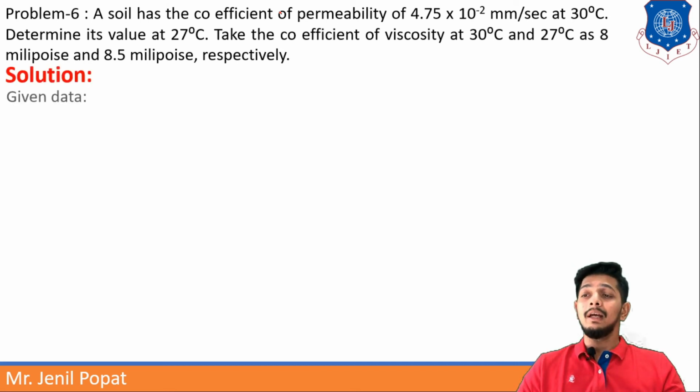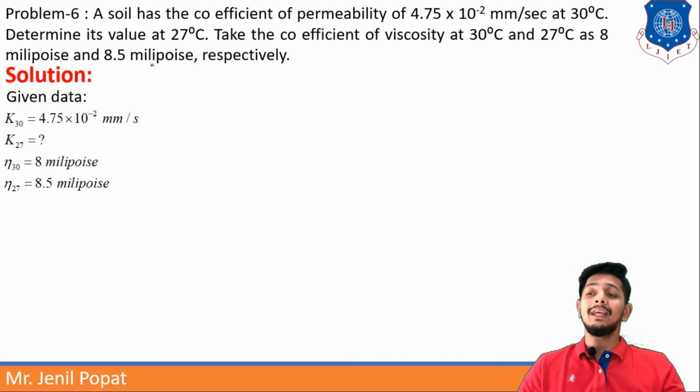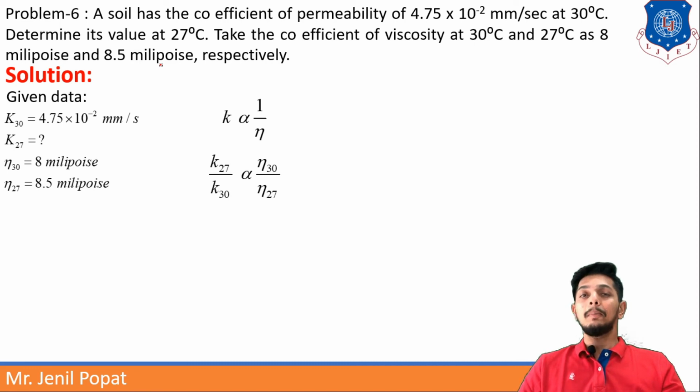Now let us see and write given data first. So K30 and K27. K30 is given, K27 is to be found out. Eta 30 is given, eta 27 is also given. So we can write down K is proportional to 1 upon eta. Now K1 by K2 proportional to eta 2 by eta 1 can also be written.